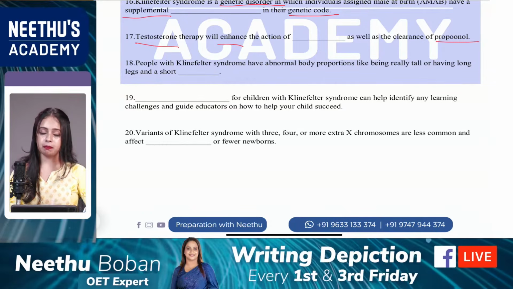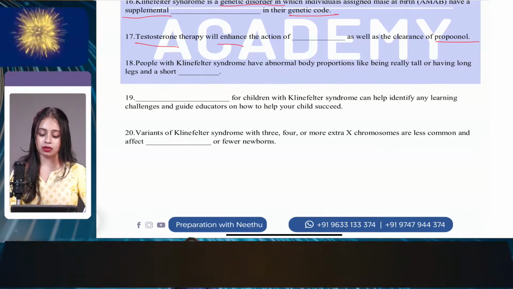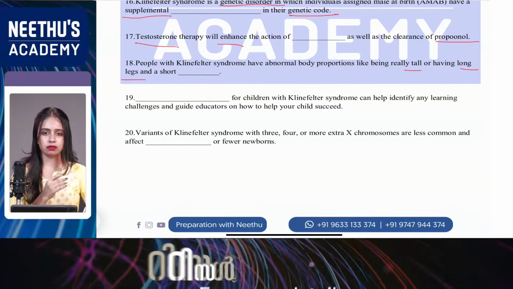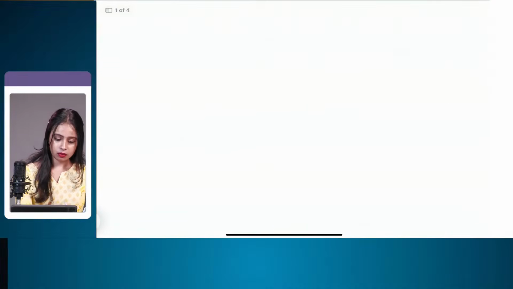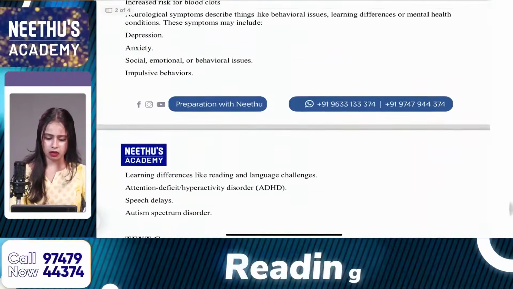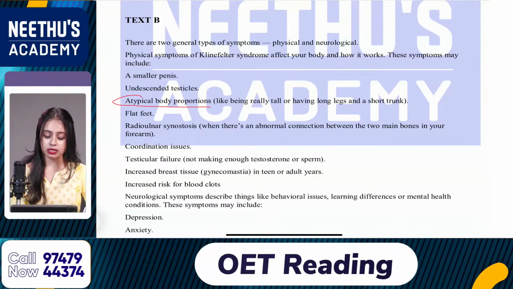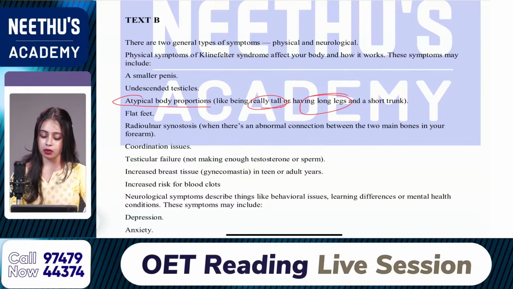18th one. People with Klinefelter syndrome have abnormal body proportions like being really tall or having long legs and short dash. So what's that? Okay, so symptoms and the problem. So that is abnormal body proportions like being really tall, keyword, long legs, another keyword, and dash.